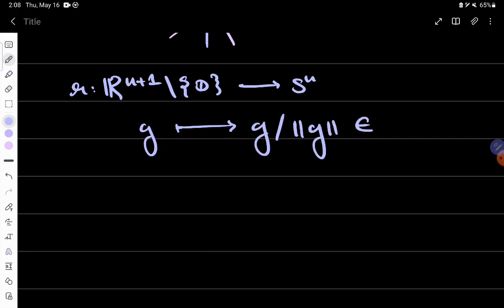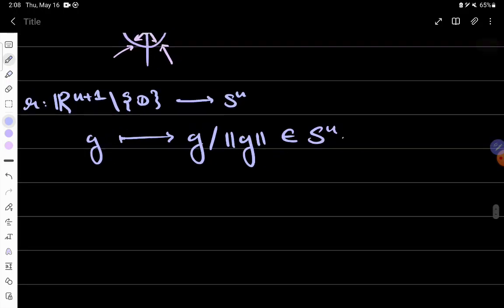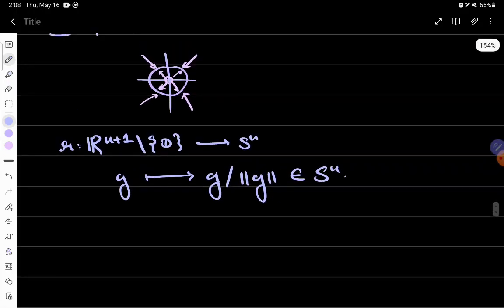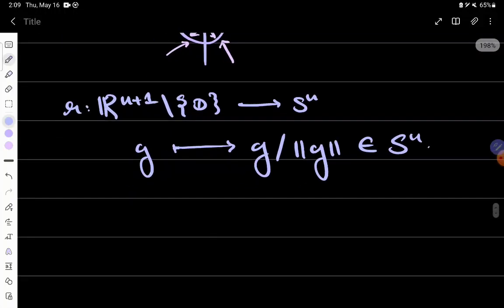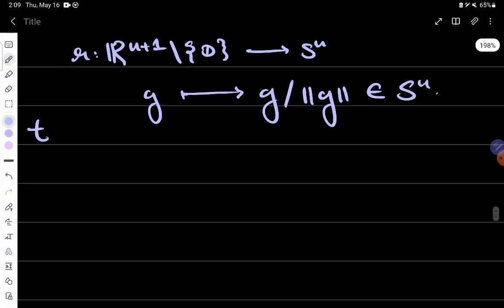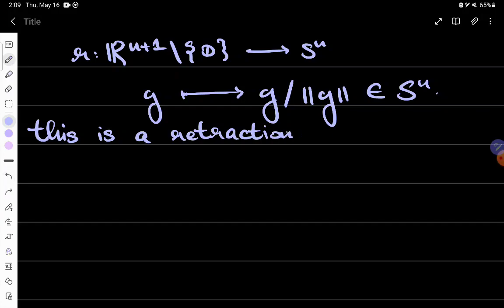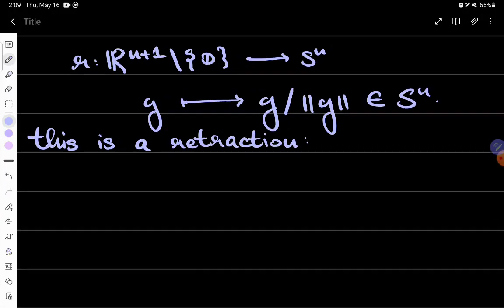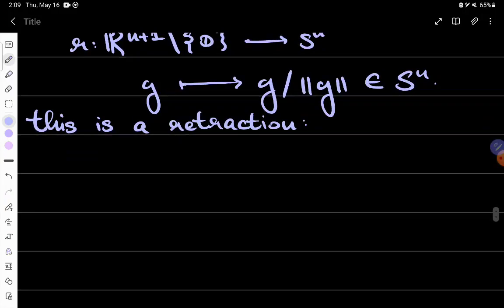And this certainly gives us something on Sn. Okay, so this is a retraction because we want to check that if y has unit length, then it gets sent to itself.